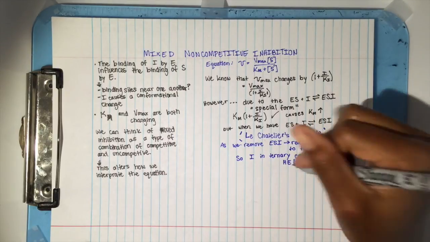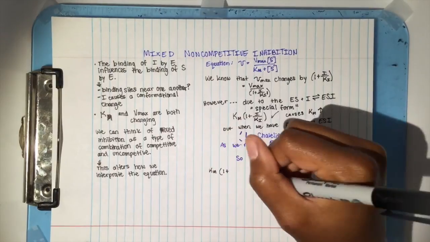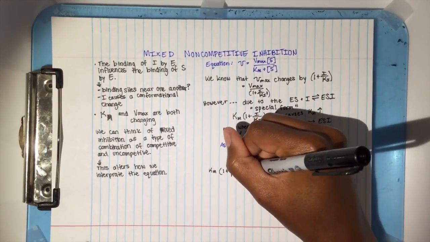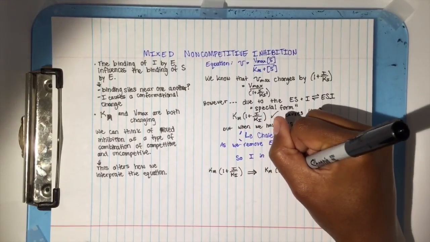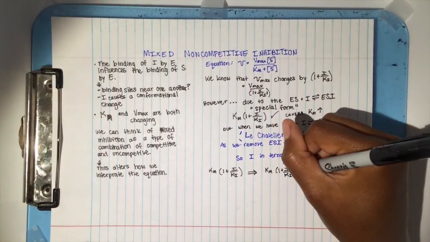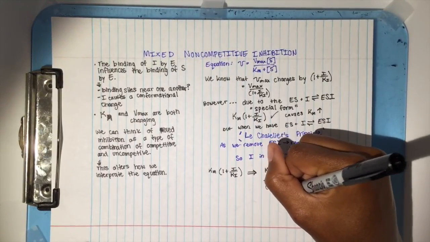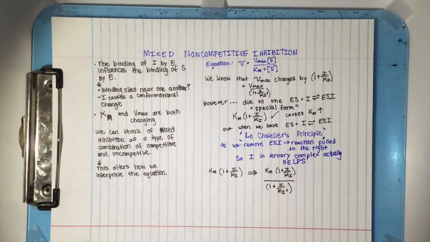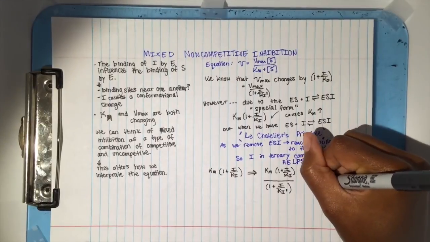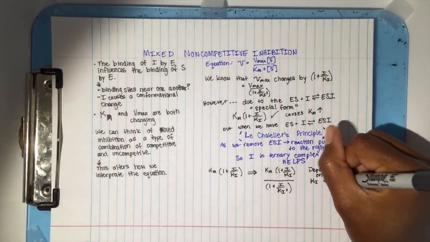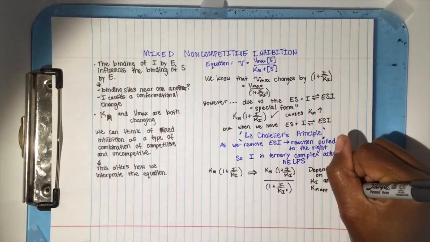Okay, so now we can go ahead and set up that new weird Km, or Kmap in this case. So that was our old one, Km times 1 plus I over Ki, but now we have to have Km times 1 plus I over Ki all over 1 plus I over Ki prime. So in other words, we're saying that we must add the denominator because the ternary complex can actually help the formation of the enzyme substrate.